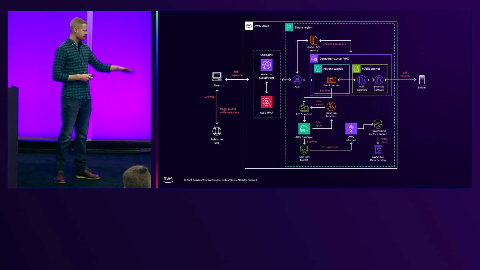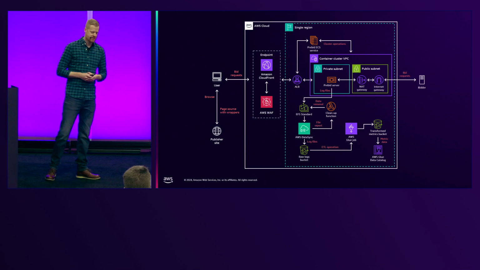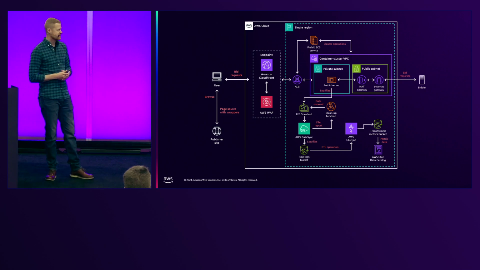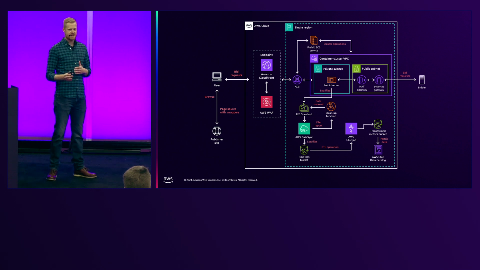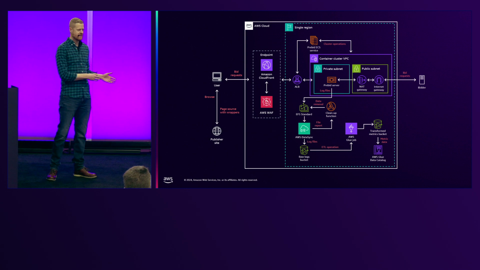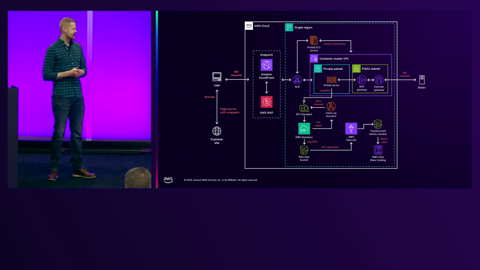The other major portion of the architecture down here on the bottom involves the Prebid server metrics. Prebid server is constantly emitting a whole slew of metrics. This is stuff like how long the requests are taking, how long the requests are taking per bidder, what your average prices are, stuff like that.